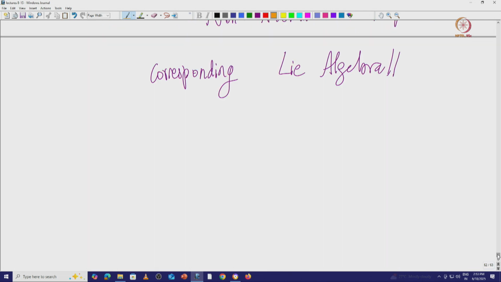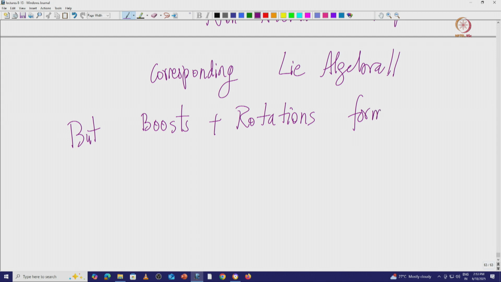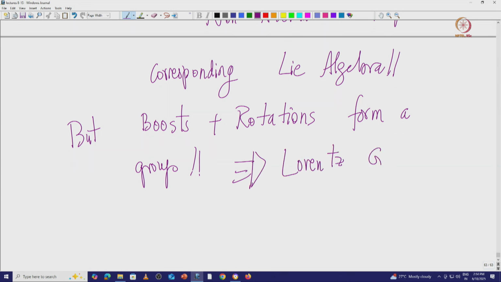So now coming to today's lecture, boosts plus rotations form a group, and this is nothing but the Lorentz group.